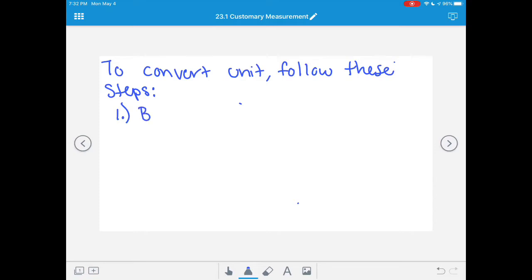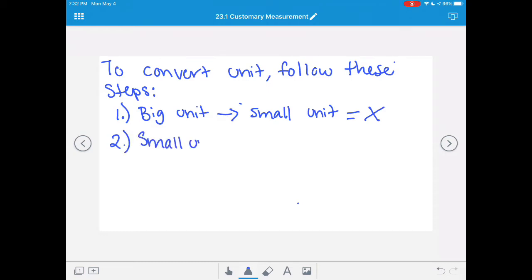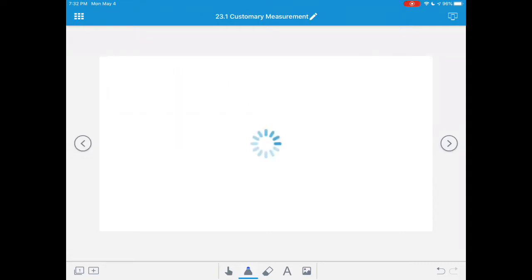So if we're going from a big unit to a smaller unit, that means we're going to multiply. If we're going from a small unit to a big unit, we're going to divide. Let me show you that.